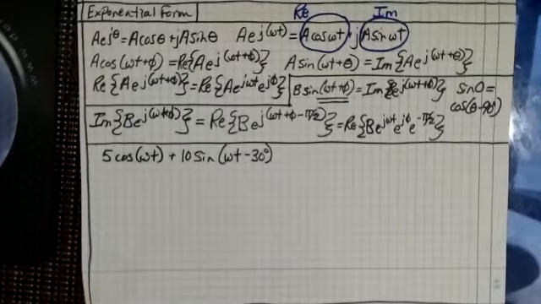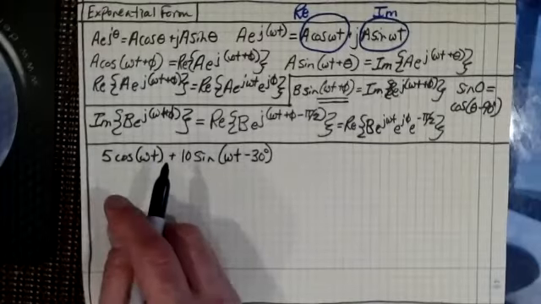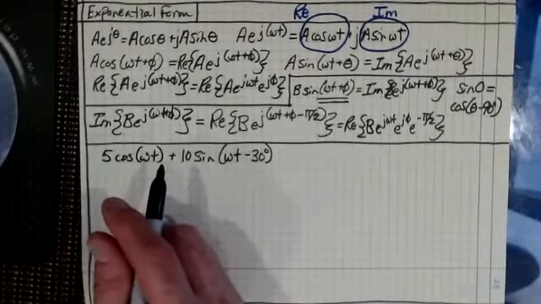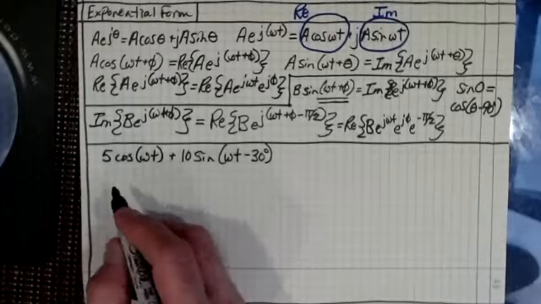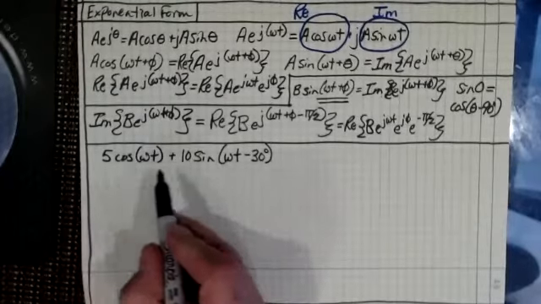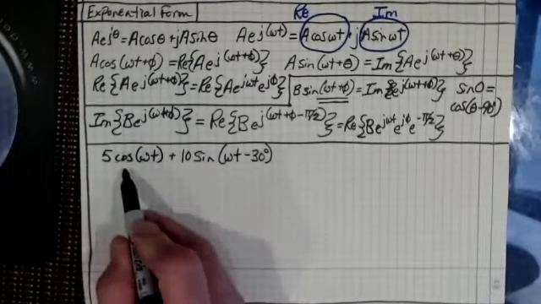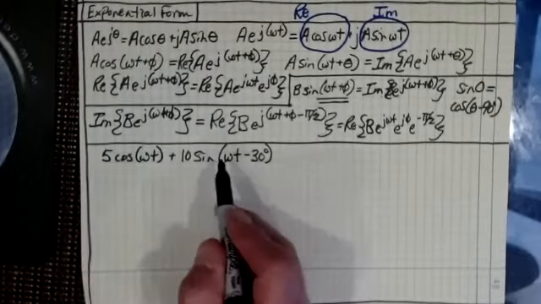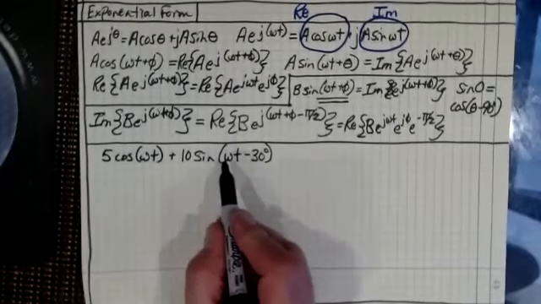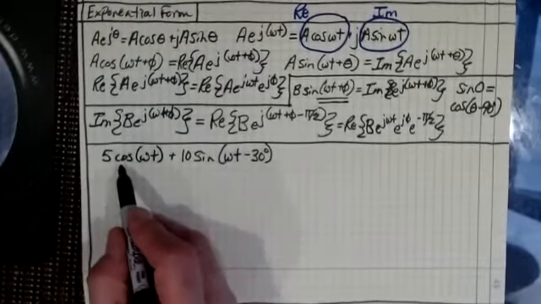And I'll tell you right now, it's going to be a sinusoidal, I'm sure, but with maybe a different phase, right? So what I've got to do is switch these around, because I want them both to be cosine so that I can work with it in the real form. This one would be real, this one would be imaginary. So I've got to turn either this one into real, or this one into imaginary.